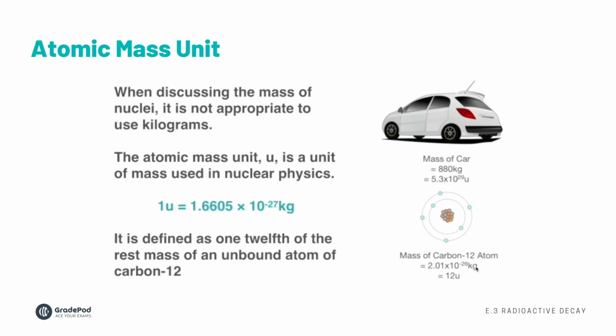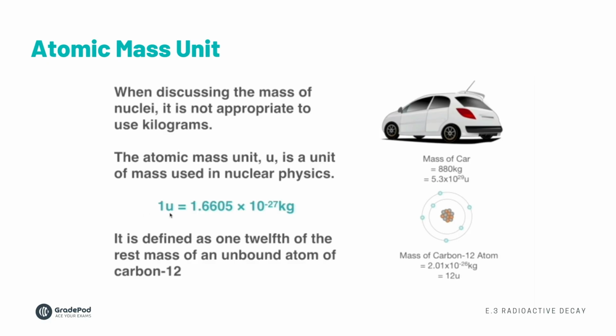Not only is it a bit of a mouthful, but we like to create new units that are more representative of the objects we're studying. So, for example, when we're looking at particles, we use an electron volt as a unit of energy rather than joules. And when we're looking at mass, we use an atomic mass unit as the unit of mass rather than kilograms.